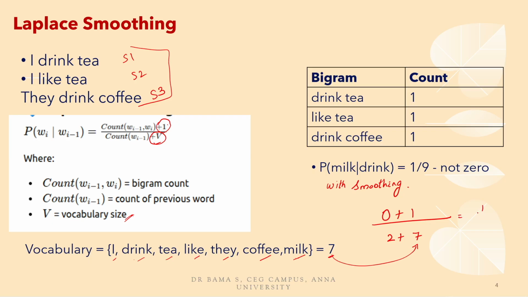So it is 1 by 9. We can see that earlier this was 0, but now it is not 0, it is 1 by 9. It is minimal, but in order to avoid 0, we are incorporating this smoothing technique, and this is called Laplace smoothing.